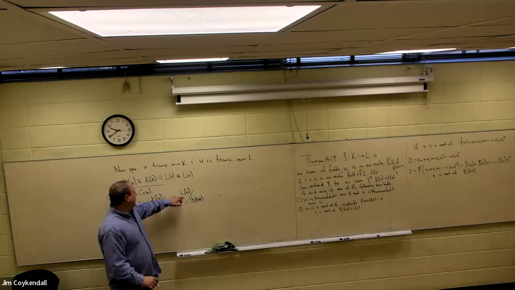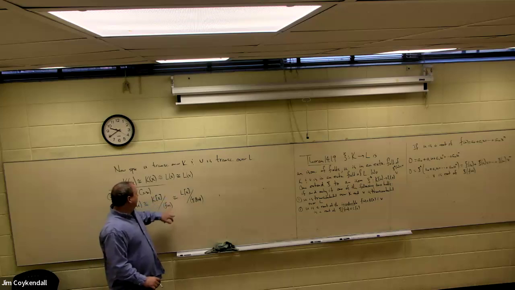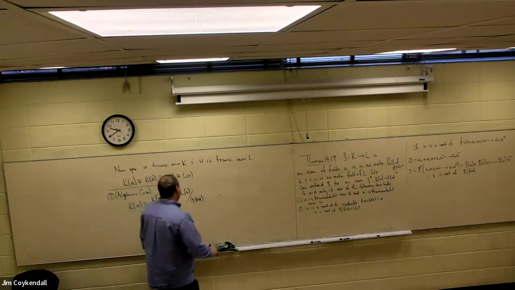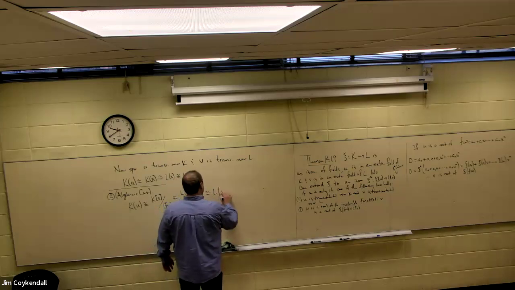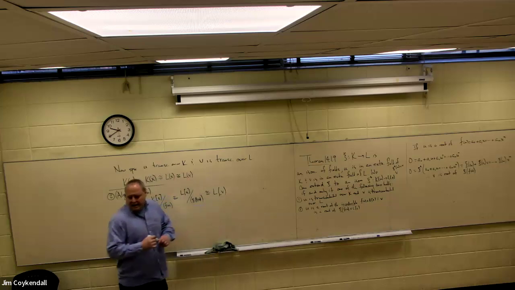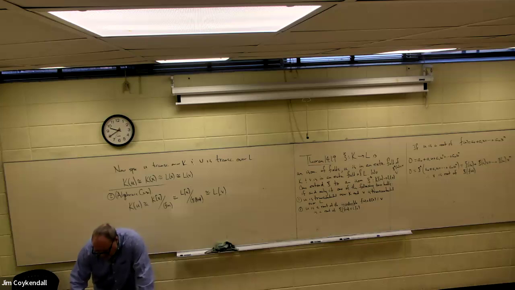Because again, these two are isomorphic, and the tornado takes everything in K to things in L, and takes f of x to this, and this is isomorphic to L. And again, do the compositions to get your isomorphism.